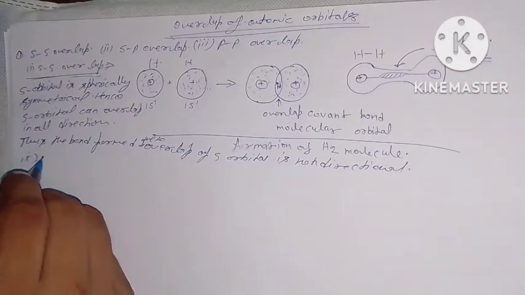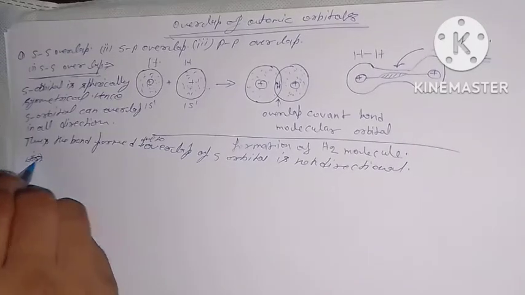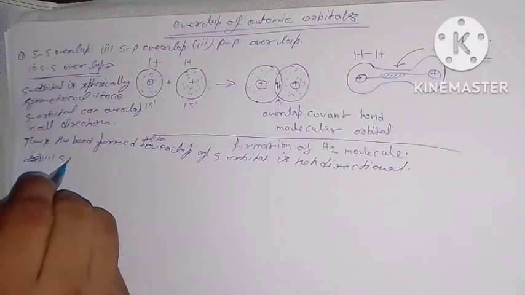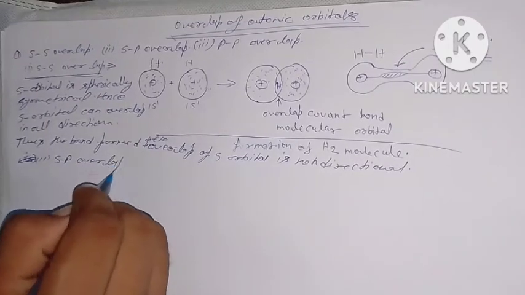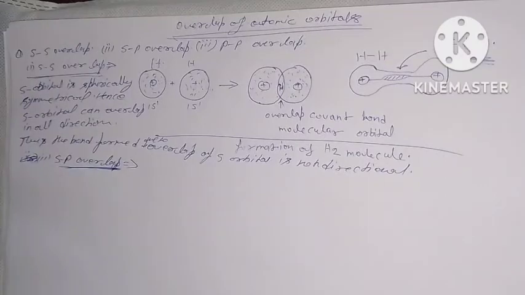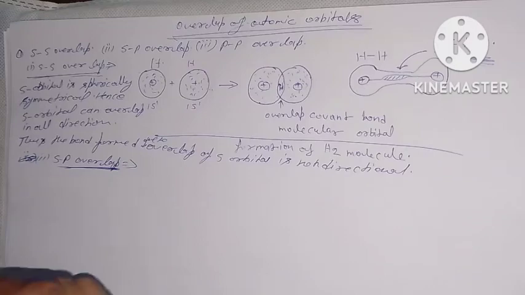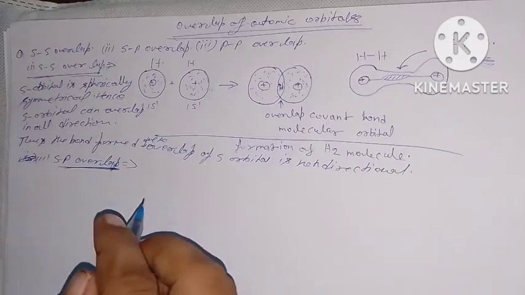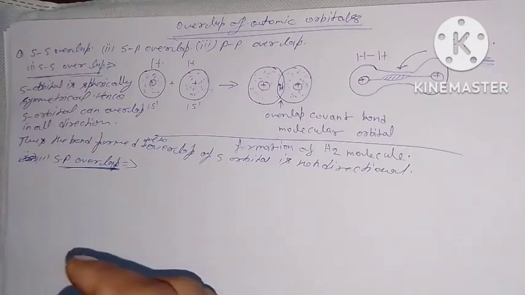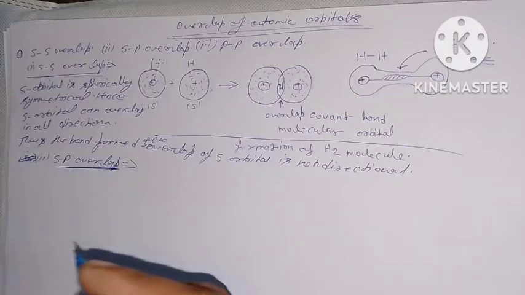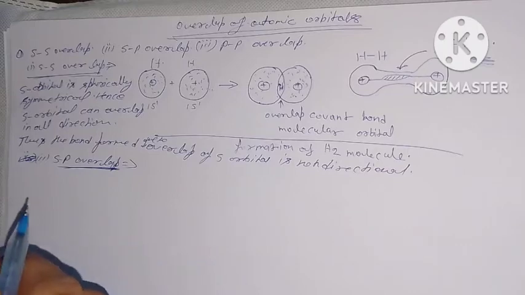Second point, SP overlapping. Overlap of the s orbital of one of the combining atoms with the p orbital of the other is called SP overlap.